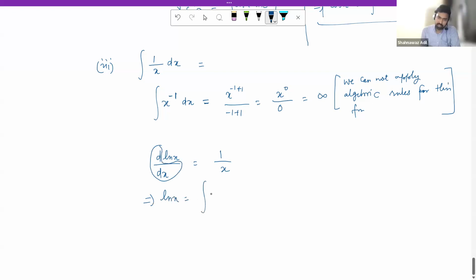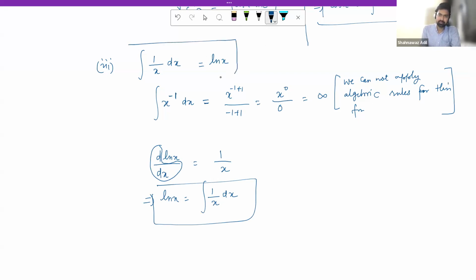So the integration of 1 by x dx is ln x. Or we can write it as log x. Both are correct, but it is usually written as log x.